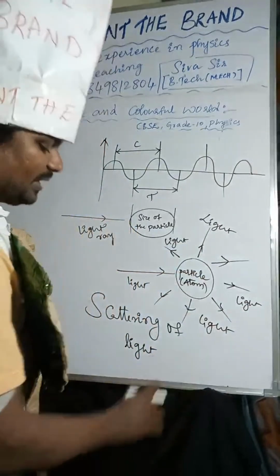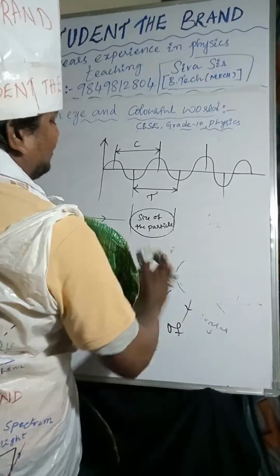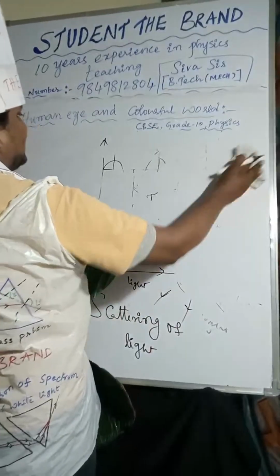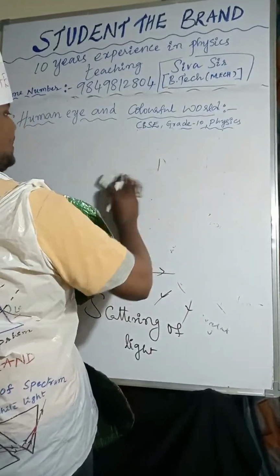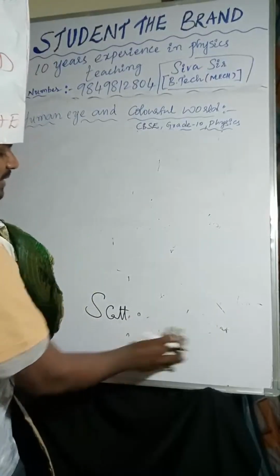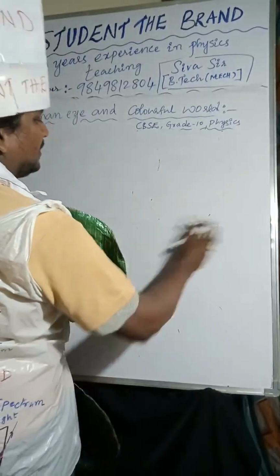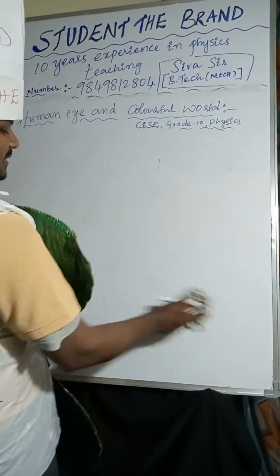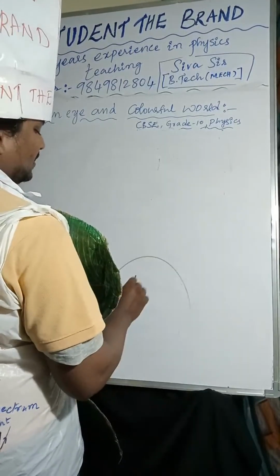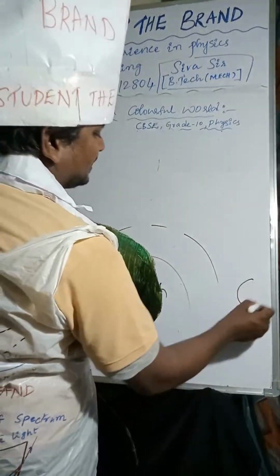So here, during evening time or morning time, whenever the light rays are coming, I'm considering it like this. If you take the earth here, this is the atmosphere, and here is the sun.